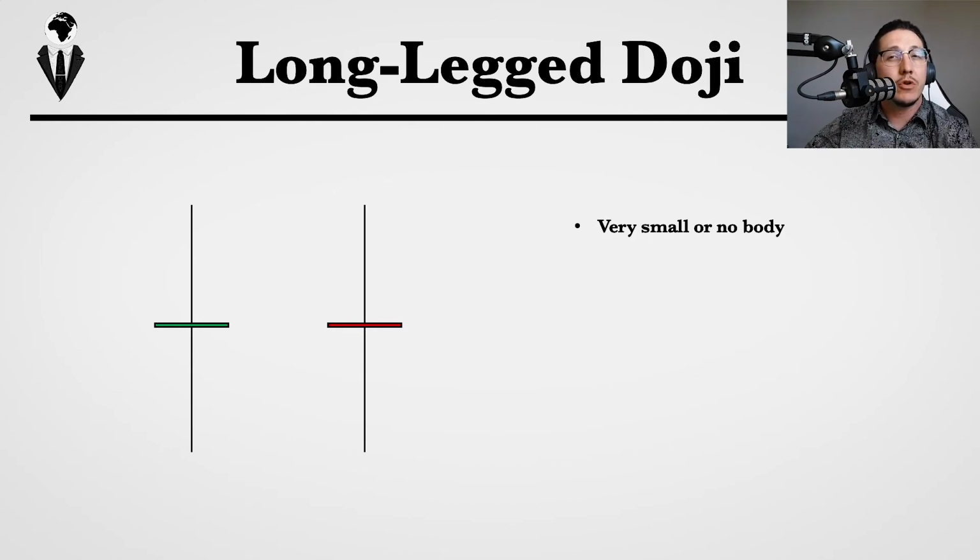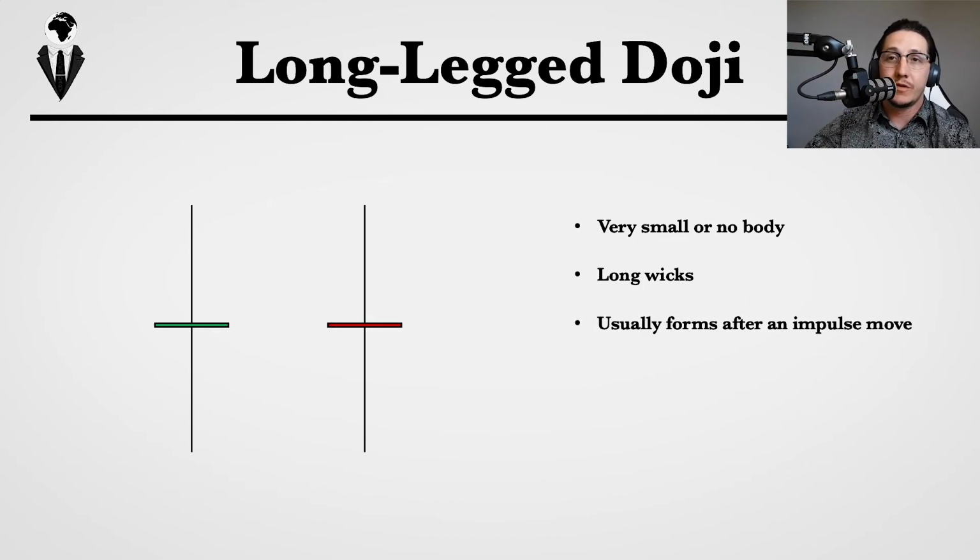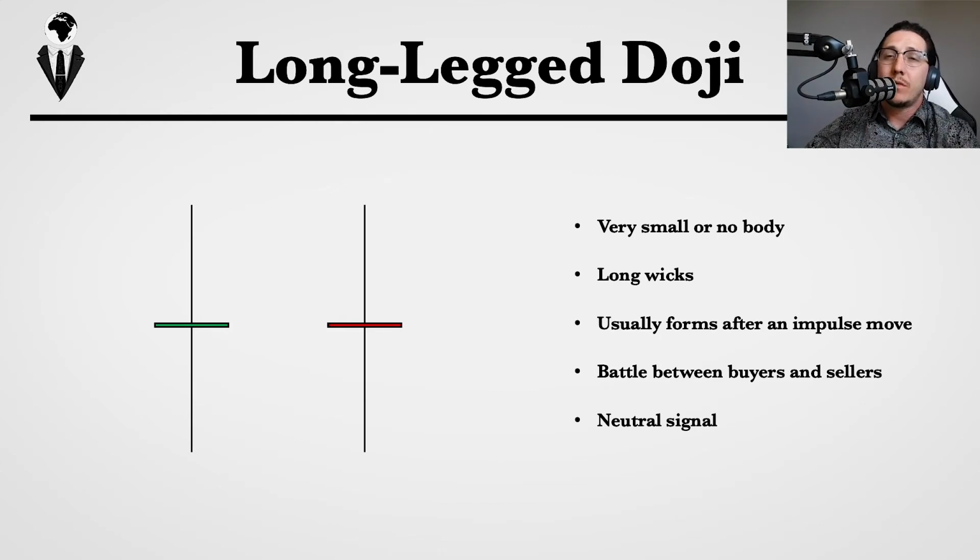So this one is a slightly stronger signal than the last one, representing a strong battle between buyers and sellers. You're going to have the long wicks, just like the last one. It usually forms at the top or the bottom of an impulse move, just like our spinning top. And again, the battle between the two. Again, a neutral signal.